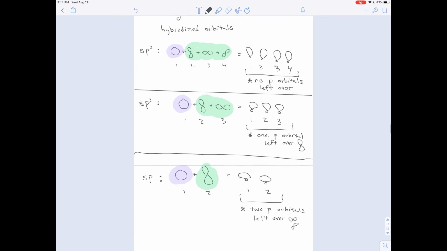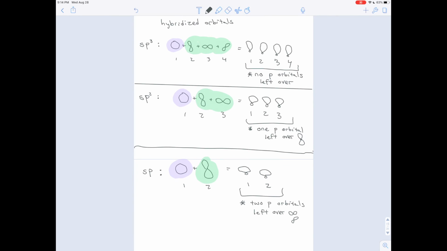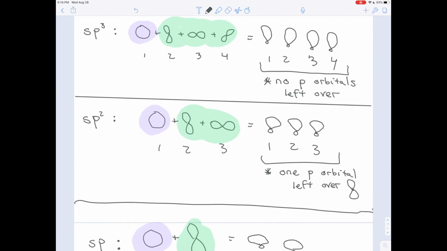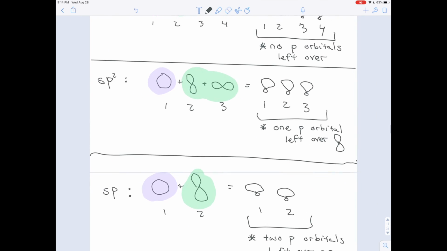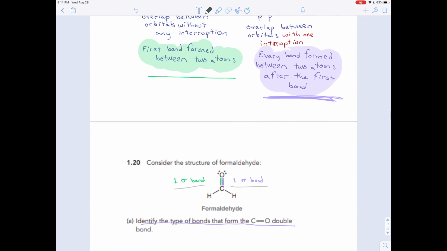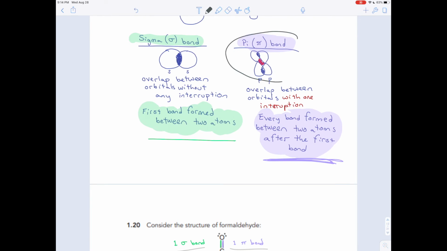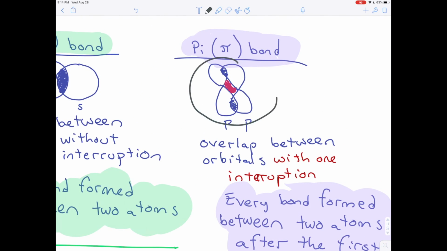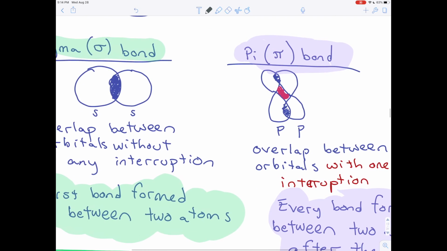Okay, these are our 3 types of hybridized orbitals, the mixed orbitals that we're going to use as a shorthand to predict correct shapes. And so the key here are the p orbitals that you have. Remember that you need a p orbital in order to make a pi bond; you couldn't make this pi bond with an s orbital.